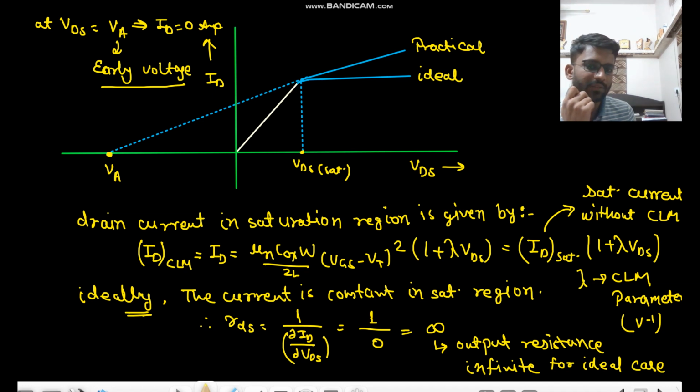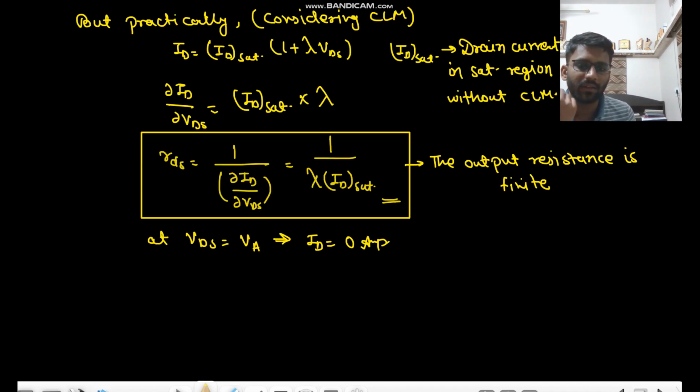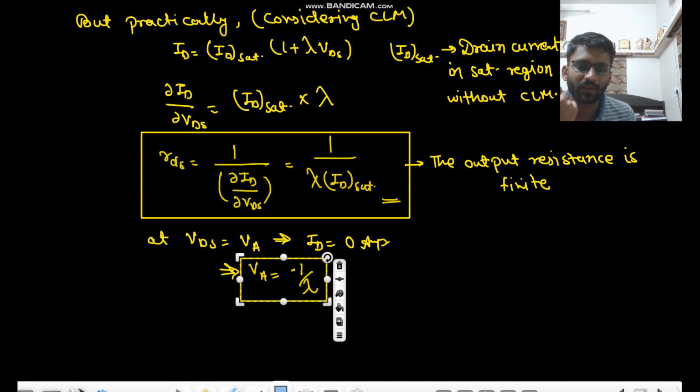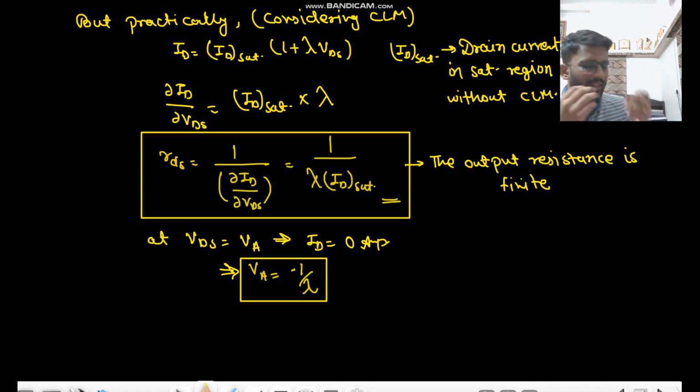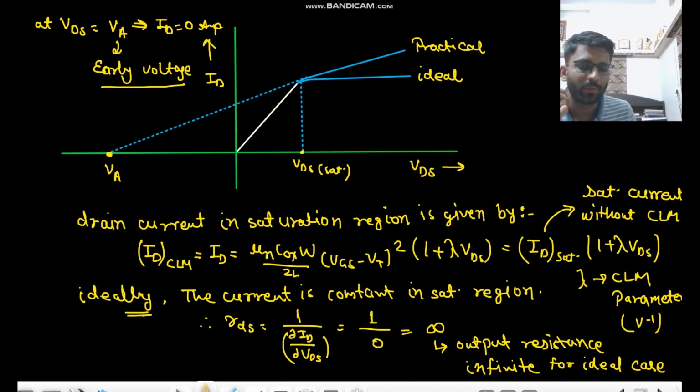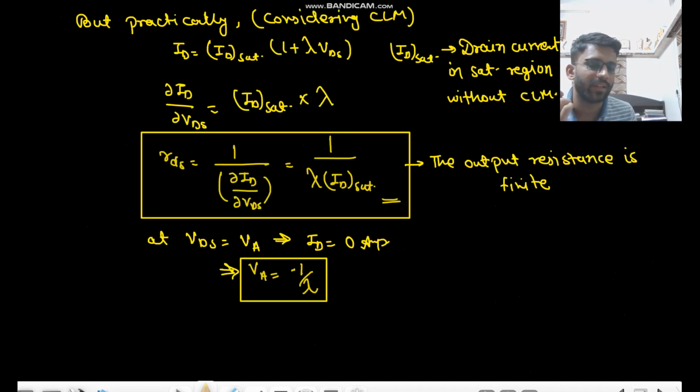So just put ID equals 0 here. What will be the value of VA? VA would be minus 1 by lambda. So at VDS equals VA, the ID current becomes 0 and VA would be minus 1 by lambda.